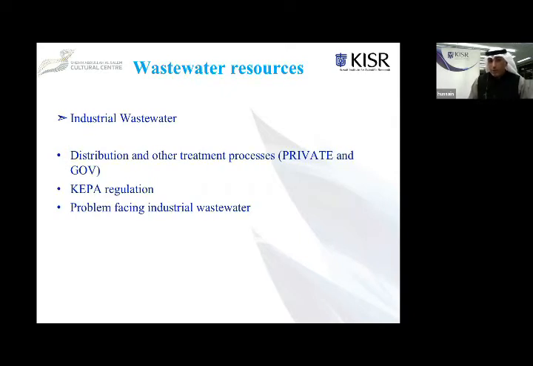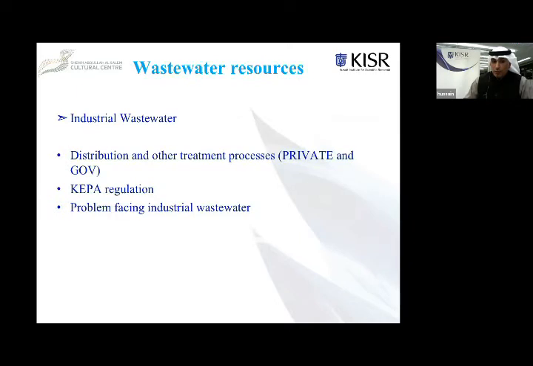Somehow what we notice now is that not all of them are treating their water. Some of them send it as it is, and some have some kind of pre-treatment, with respect to adsorption or chemical treatment. But as I said, it is not applied by all factories in Kuwait.